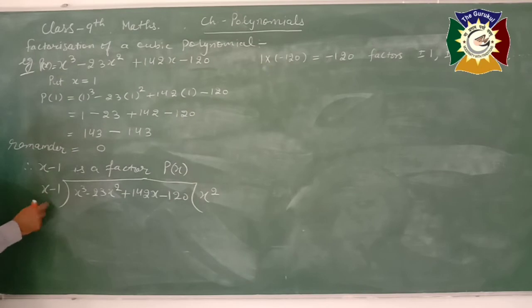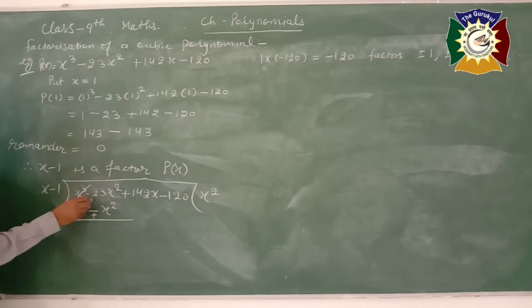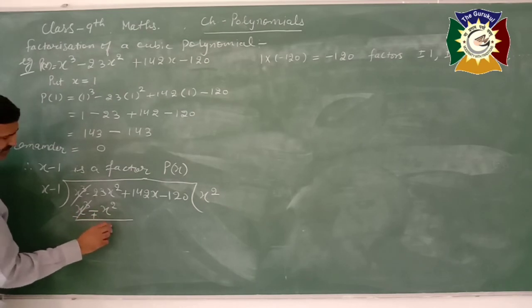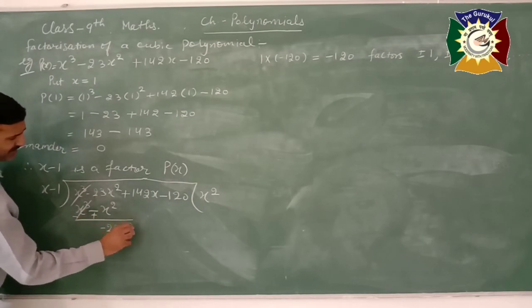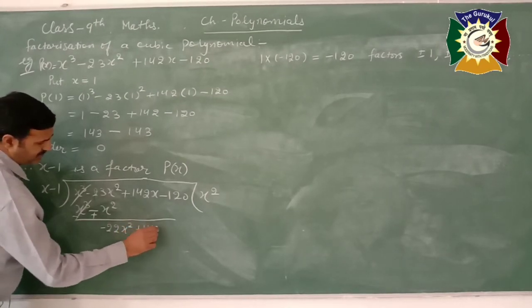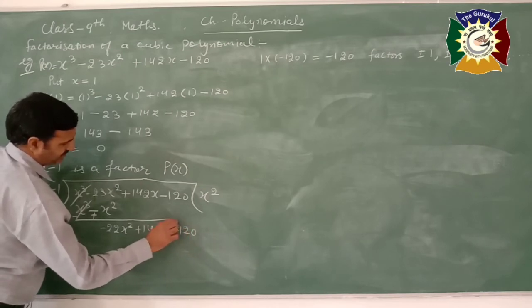Multiply this x square by the divisor: x cube minus x square. Change the sign. First term cancels. Minus 23 plus 1, so minus 22x square, plus 142x as it is, minus 120 as it is.